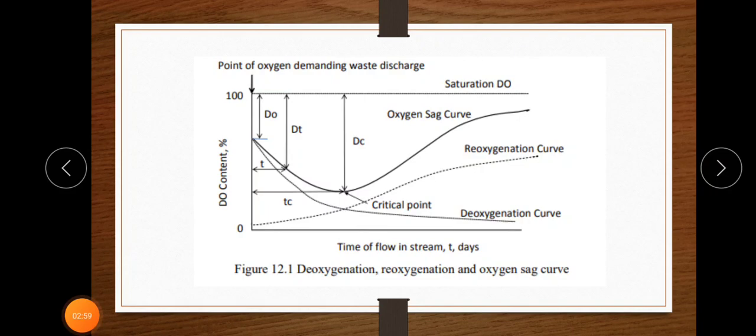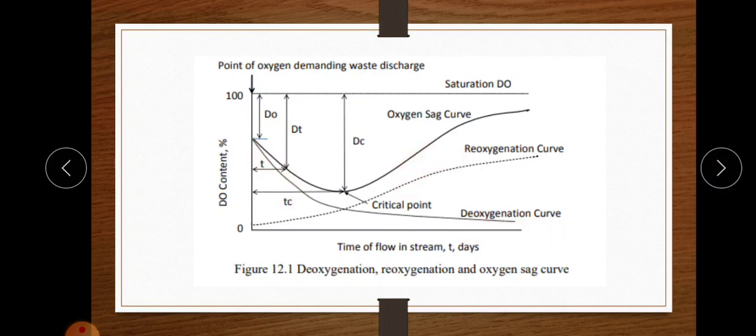The next curve is the reoxygenation curve. After the dissolved oxygen reaches its minimum value, the oxygen content increases, and that is explained by the reoxygenation curve. In order to counterbalance the consumption of dissolved oxygen due to deoxygenation, the atmosphere supplies oxygen to the water.